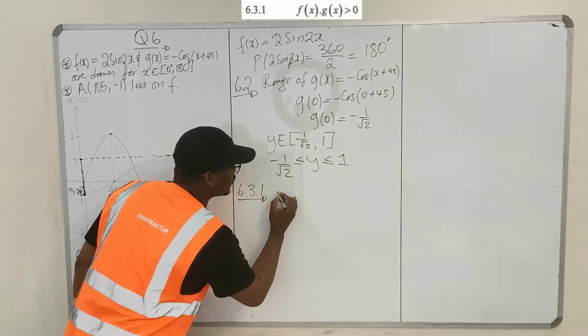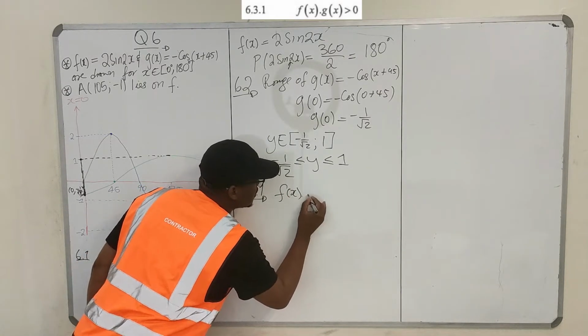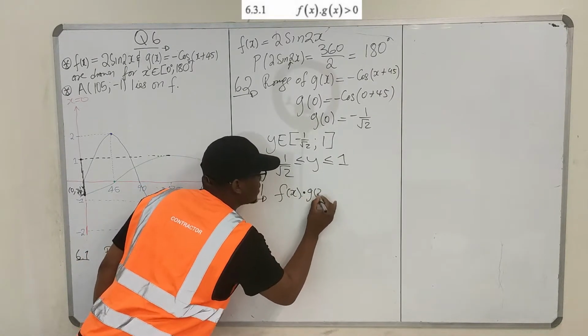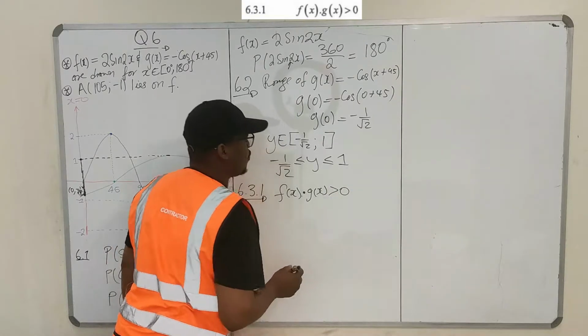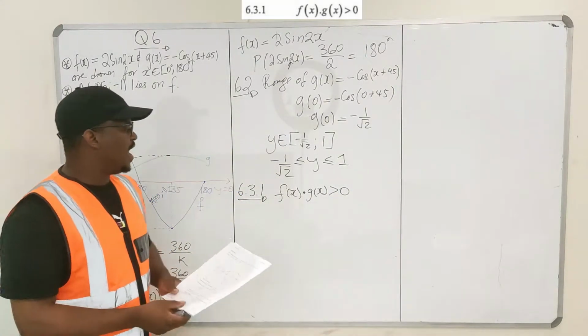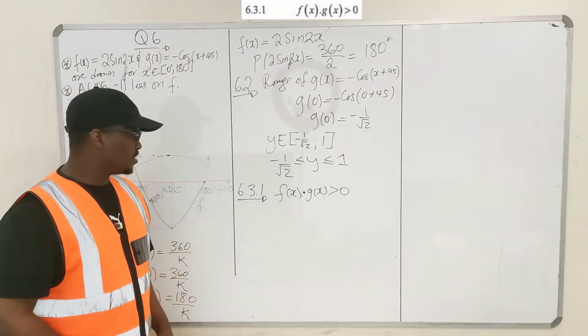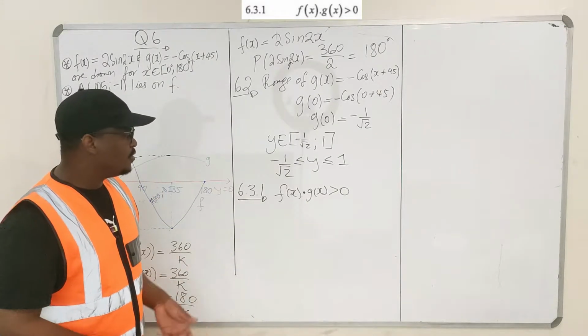So they want the values of x where your f of x times your g of x is positive, where the product of f and g is positive, right? How will you find this?